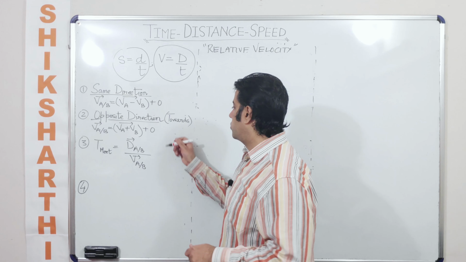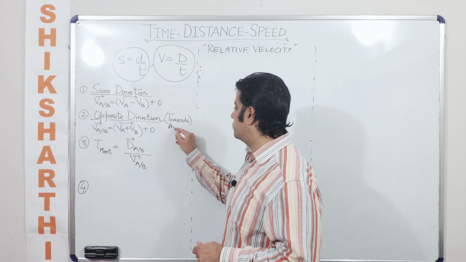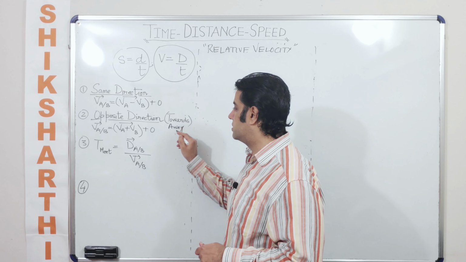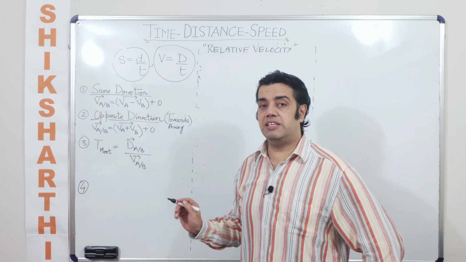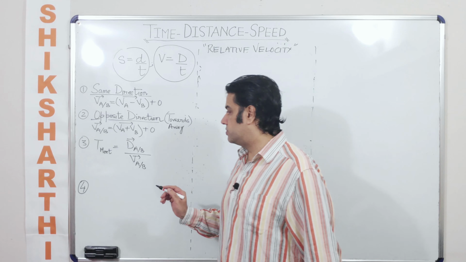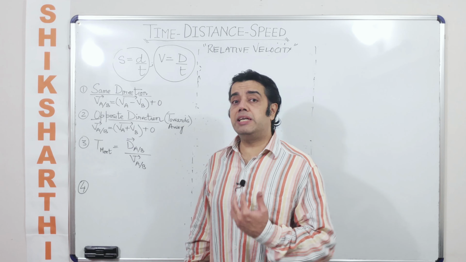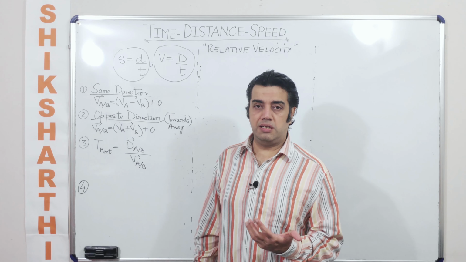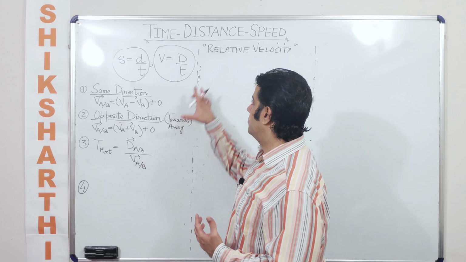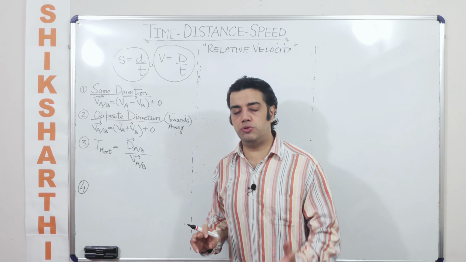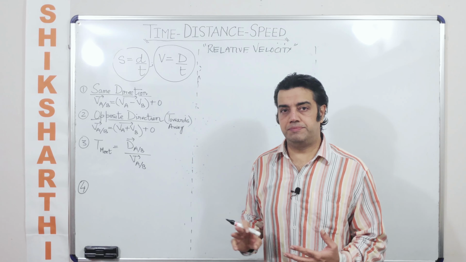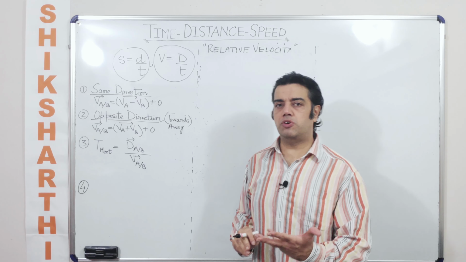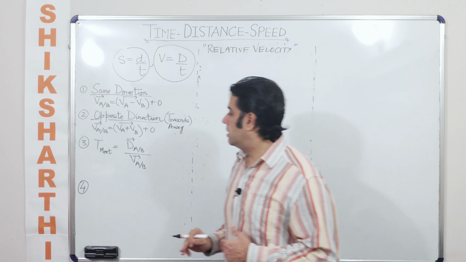So when we are talking about opposite direction, it is either moving towards each other or moving away from each other. In either of the cases, you have to add their respective individual velocities. For the time taken to meet on the circle, we can apply the concept of relativity, because this entire discussion that I am doing today is only with respect to relative velocity, right? And maybe some other concepts if time permits.